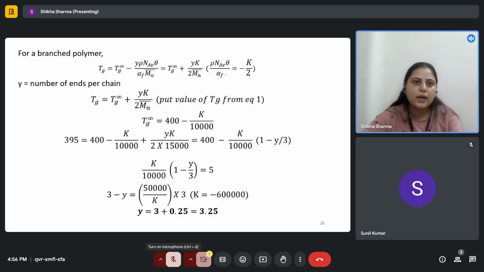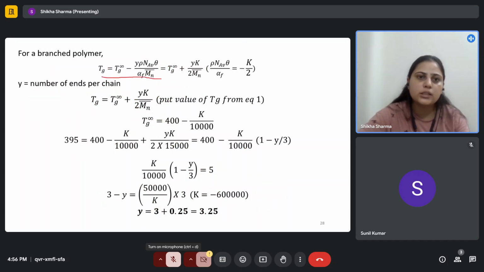So for a branched polymer, the formula is Tg is equal to Tg infinity minus, here in case of 2 we are taking y, because in the branched polymer the number of ends per chain will be different. It will not be 2.